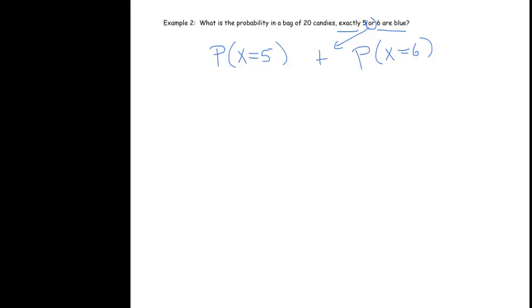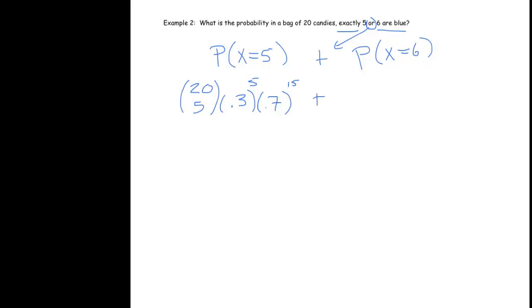So exactly 5 blue would be 5 successes, so that would be 0.3 to the 5th, and 5 are blue means the rest are not blue, which means 0.7 to the 15th. And then there's 20 choose 5 ways that can happen.